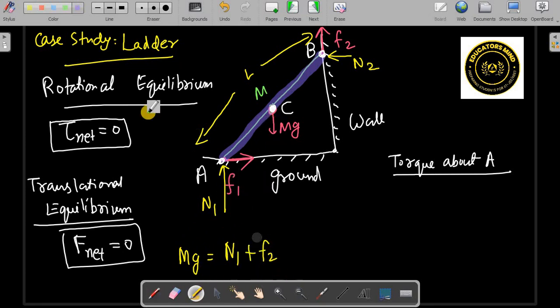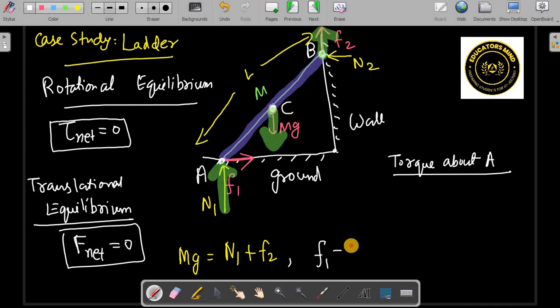F2 is acting upward, N1 is also acting upward, and mg is acting downward. So these forces are balanced. Also, you can balance the horizontal forces. F1 is acting towards left and N2 is acting towards right. So this is balanced. This is how forces can be balanced.